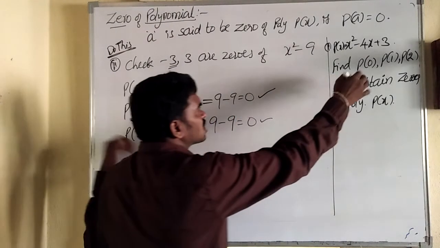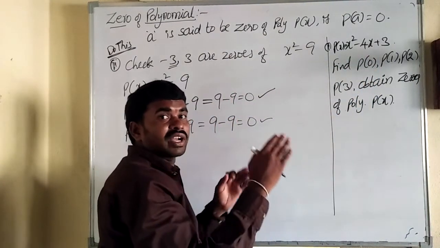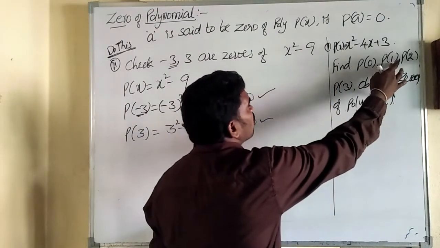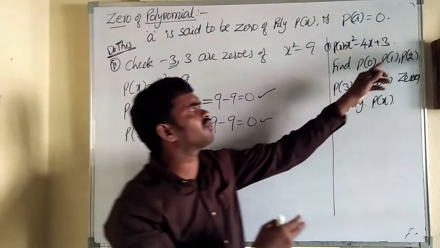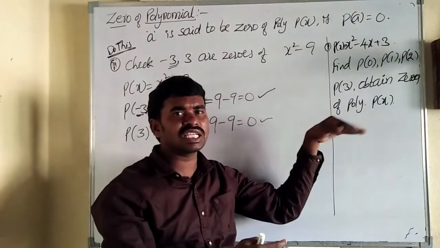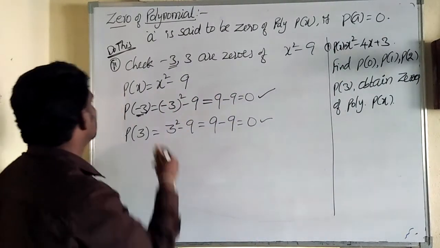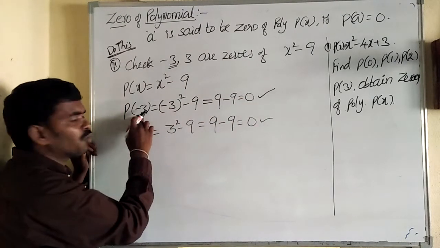Same in this first question also. First substitute 0. You will get some answer. If that answer is 0, then 0 is a zero of the polynomial. Next, substitute 1 in this polynomial. If the answer is 0, then write 1 is a zero of the polynomial. If the answer is not 0, then it is not a zero. Like that. So here minus 3 substituted, answer becomes 0. Therefore minus 3 is a zero.